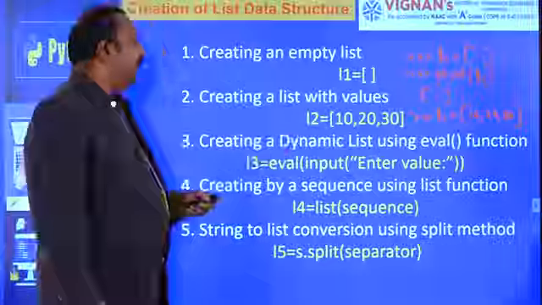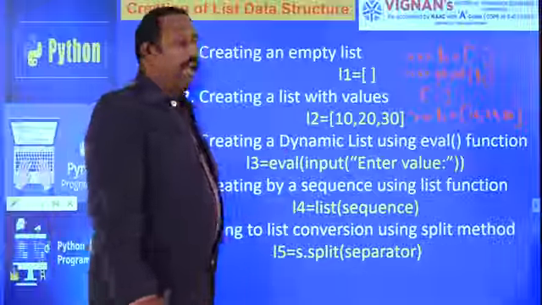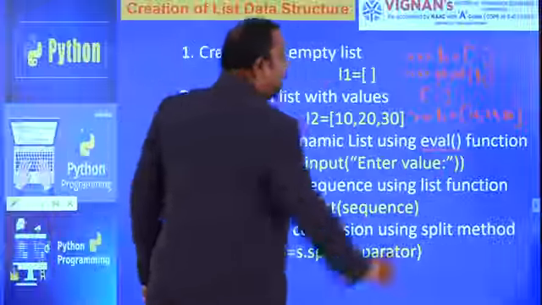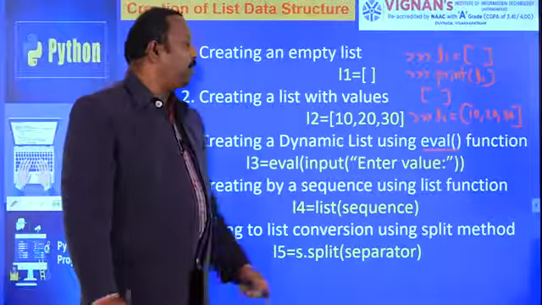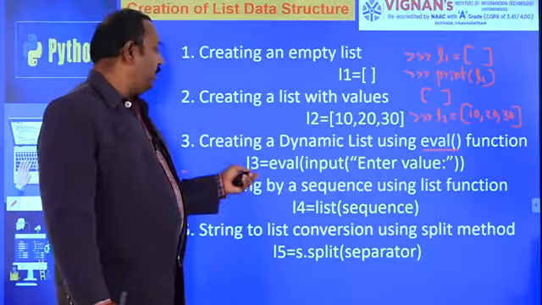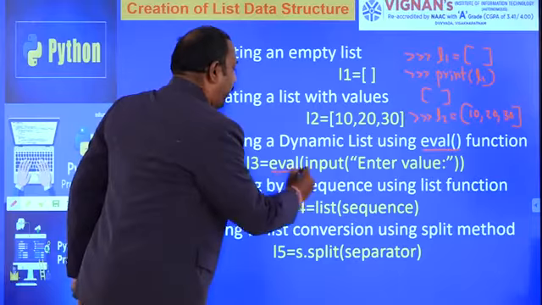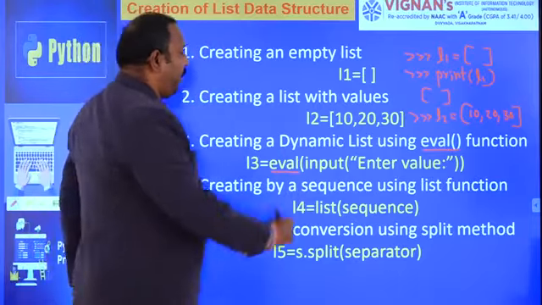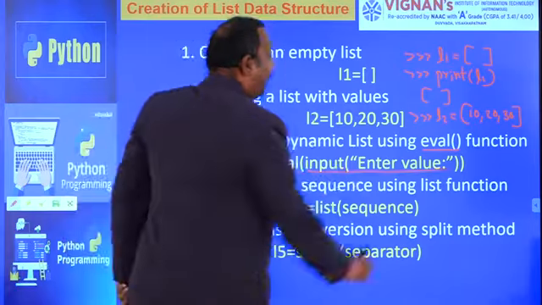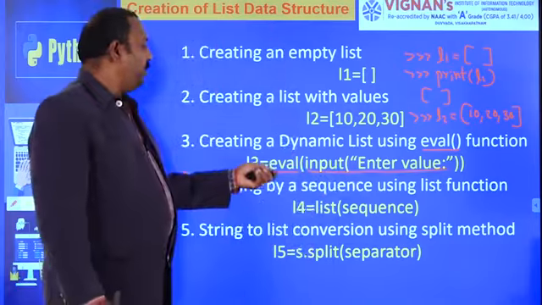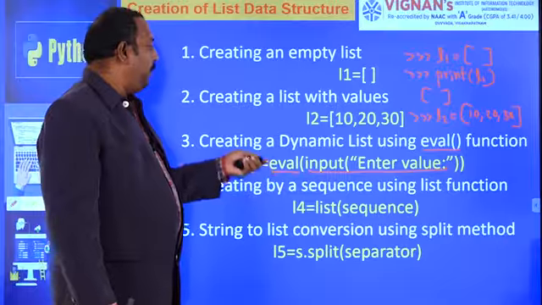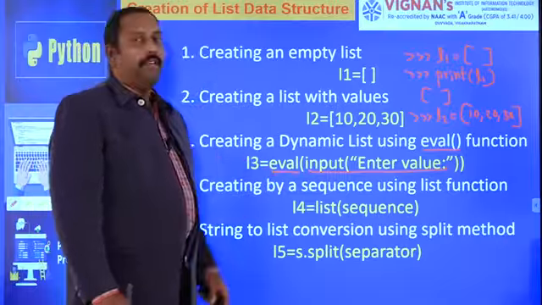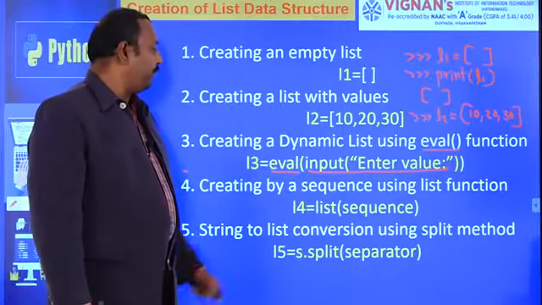And the third is creating a dynamic list by using the eval function. So L3 equal to eval, which is a predefined function, and input, enter a value. So a dynamic list can be created by using the eval function. What is this eval function?